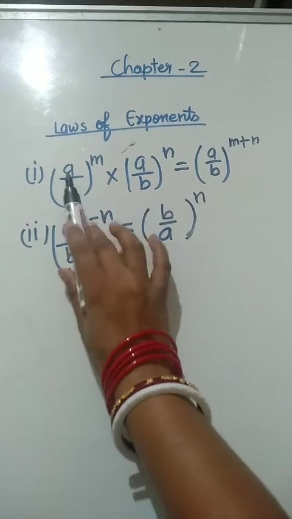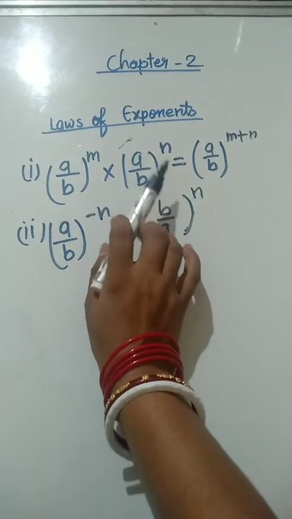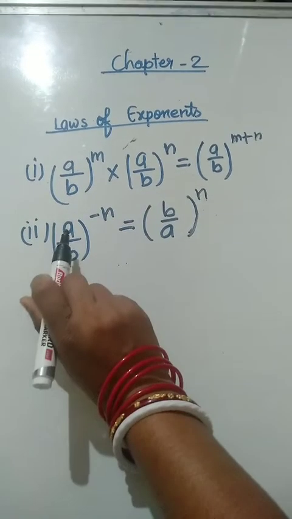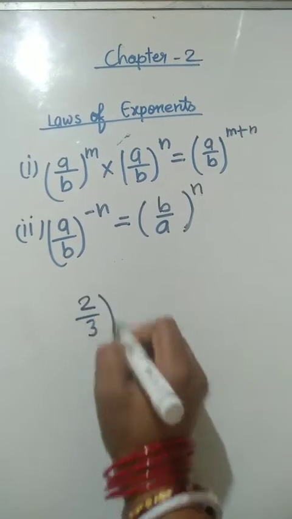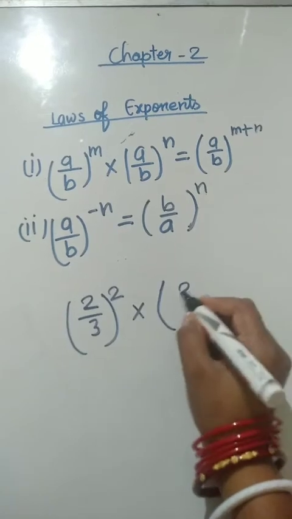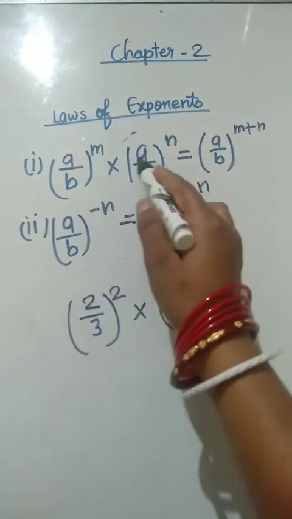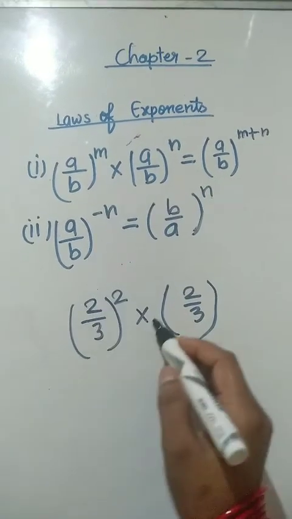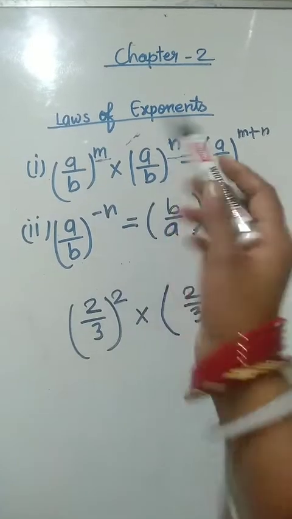First is (a/b)^m × (a/b)^n = (a/b)^(m+n). Suppose we have (2/3)^2 × (2/3) again, because a/b and this one is also a/b, 2/3 and 2/3. But the powers are m and n, that means different numbers.